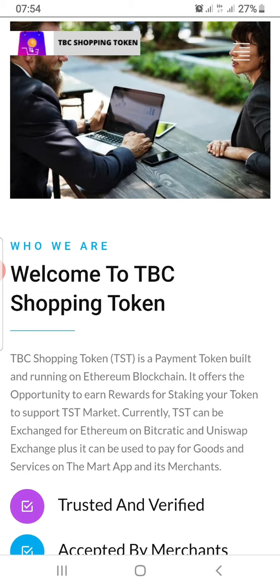Number two in the list of systems that make up the TST ecosystem is the wallet system. The wallet system is where TST holders get to store their coin and probably use it to transact.